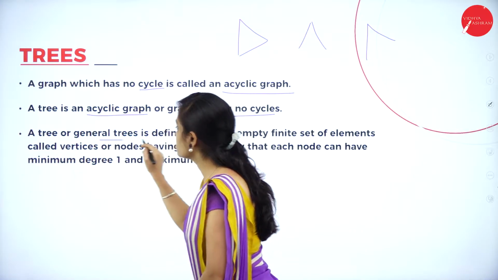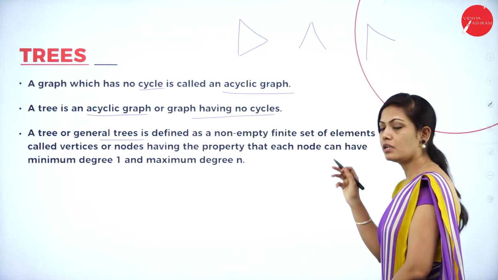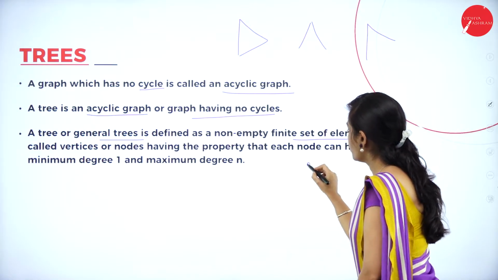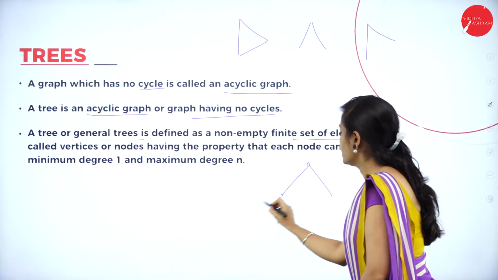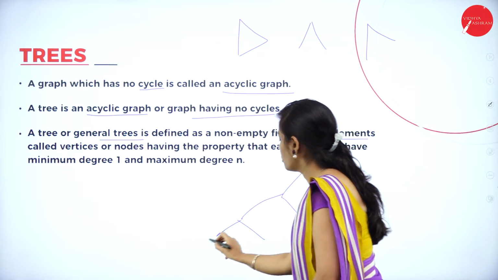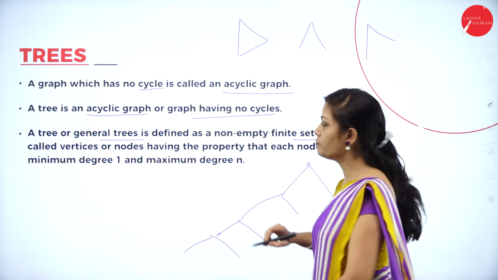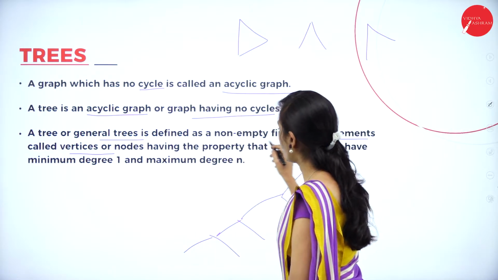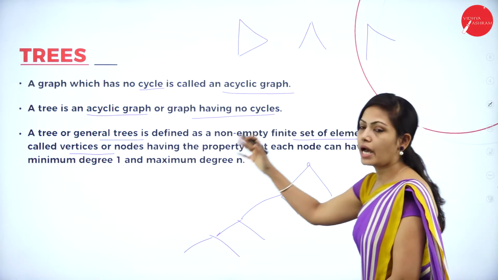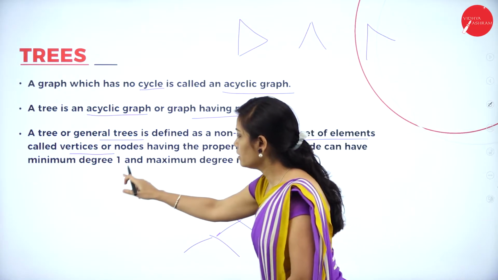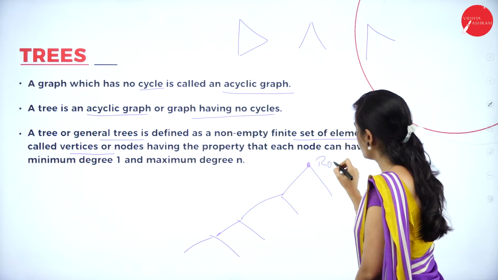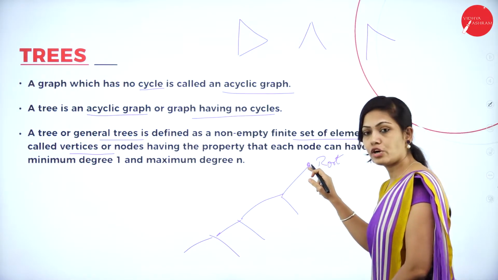A tree or general tree is defined as a non-empty finite set of elements. For example, here you have a root and it has a finite set of elements, called vertices or nodes, having the property that each node can have minimum degree 1 and maximum degree n. Now this is the root. What is the degree of this root?